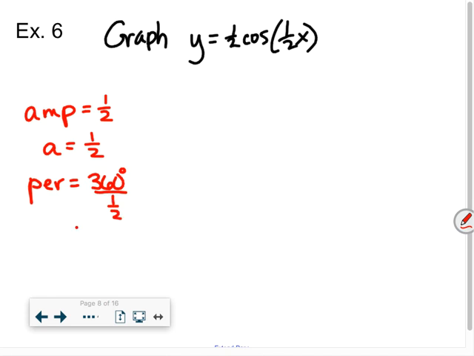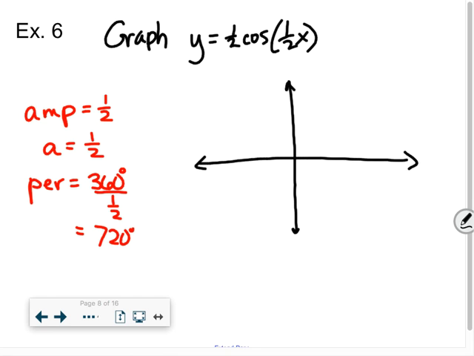So what's the period length on this one? 720, because you take 360 divided by 1/2. When you divide by a fraction, you change it to multiply by the reciprocal.